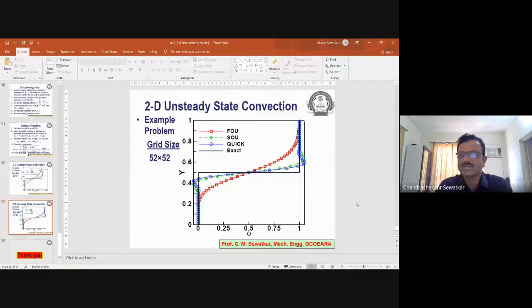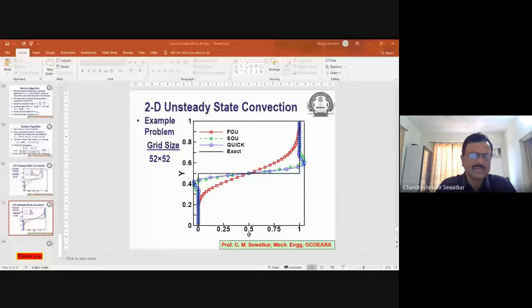So there is a little bit of variation in the solution. If I make this grid size finer, maybe I will be able to obtain a very close solution in this region as well. But yes, you are right. We need to check whether with 101 I am able to obtain the solution which is very close to that of the exact solution.